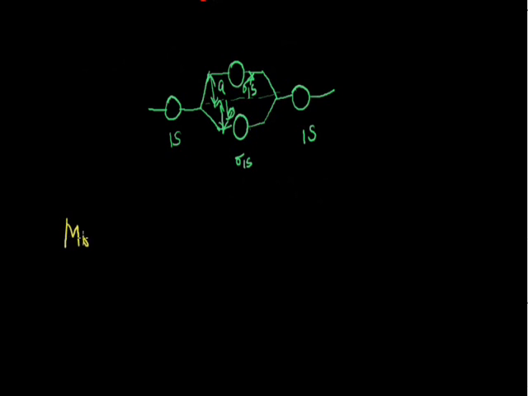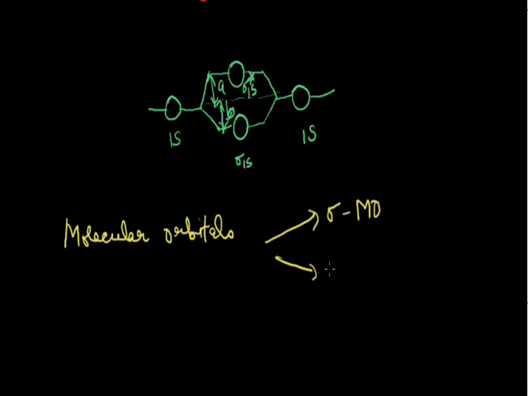Molecular orbitals are of two types: sigma molecular orbital and pi molecular orbital.